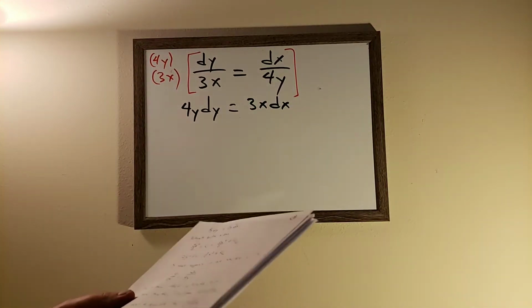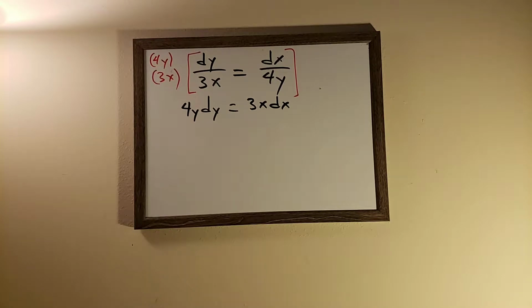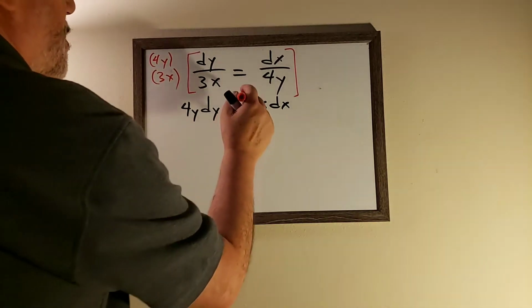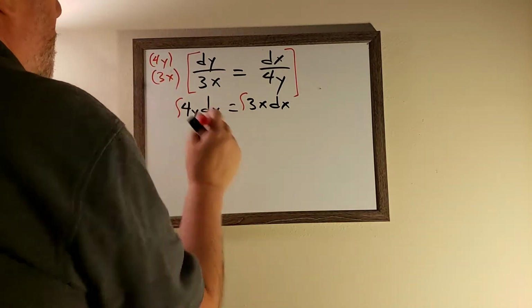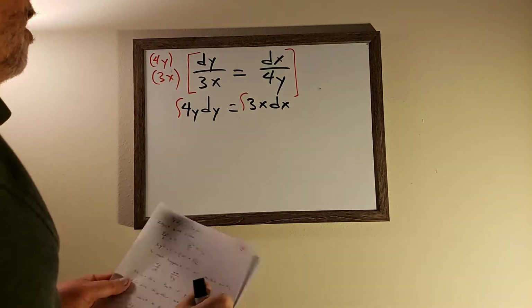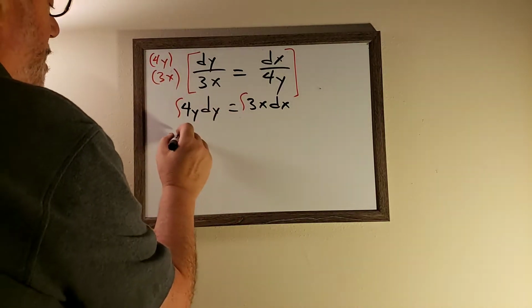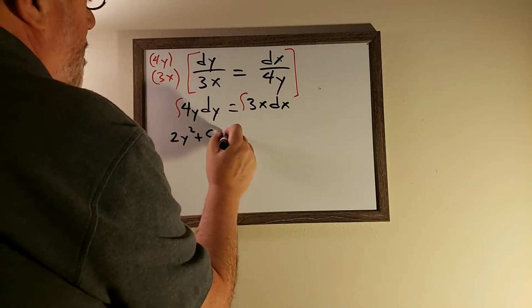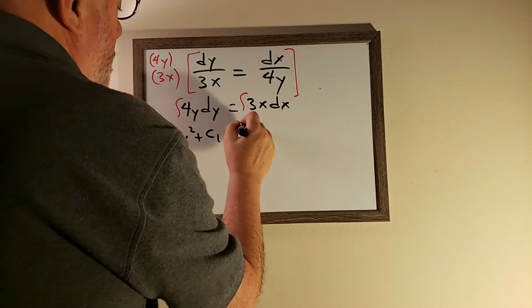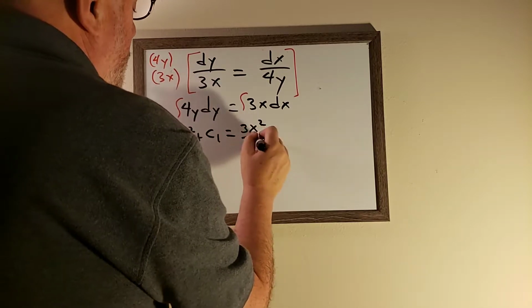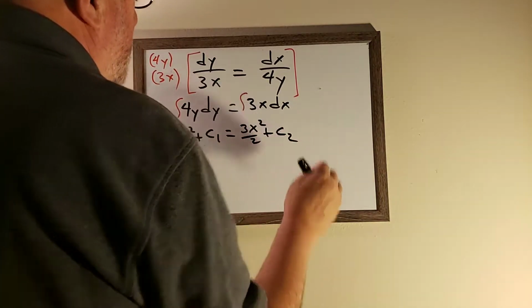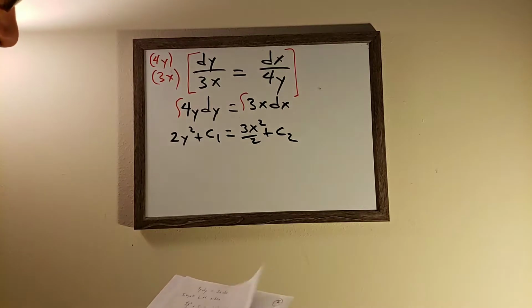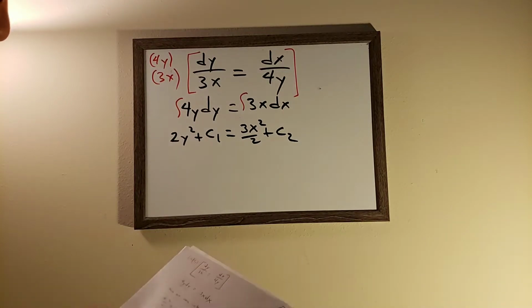And again, from here, we can then go on to the process of integrating. And as we saw before, this would become 2y squared plus c1 equals 3x squared over 2 plus c2. And we had that previously, right?